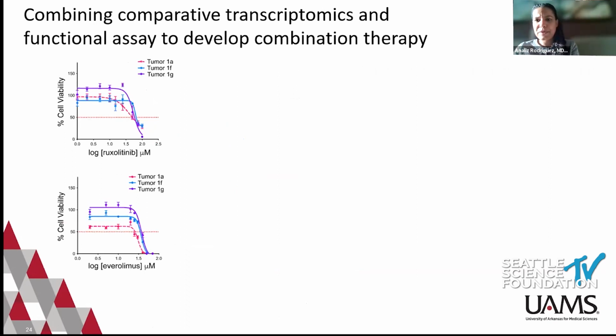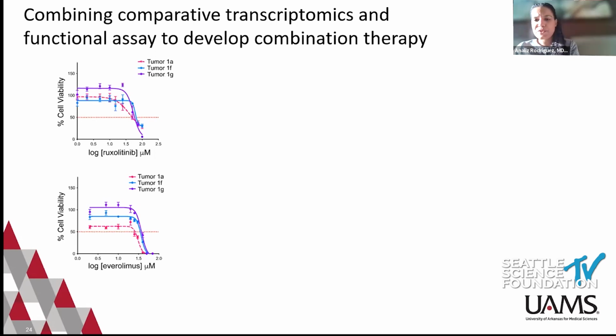During this time, the patient ended up having further recurrences, and he had tried multiple targeted therapies. At this point, we were thinking of trying a drug combination, and we tested both ruxolitinib as well as everolimus. He had a TSC mutation, so we thought that this may be another target.